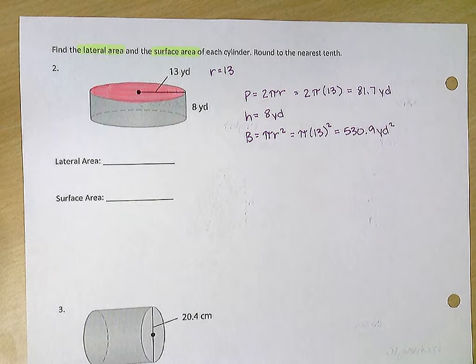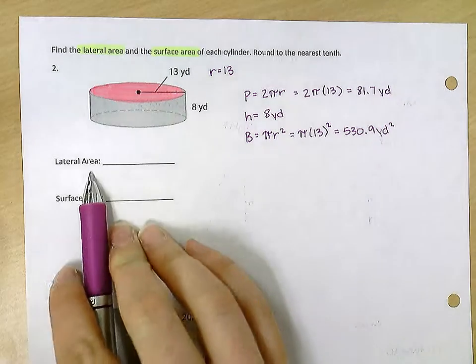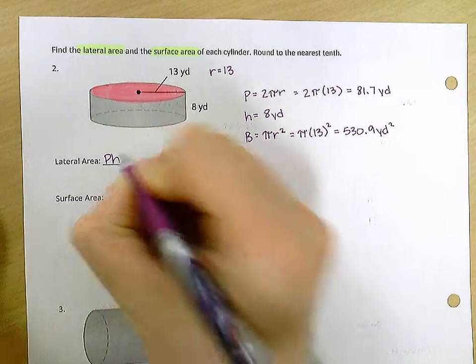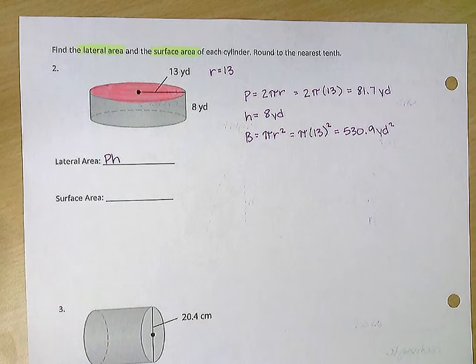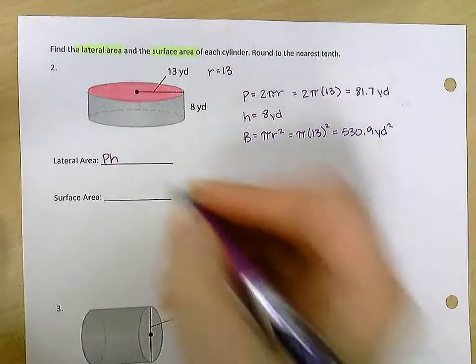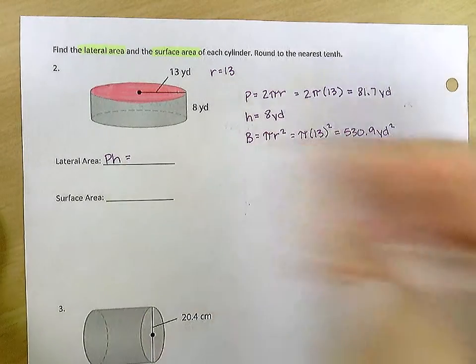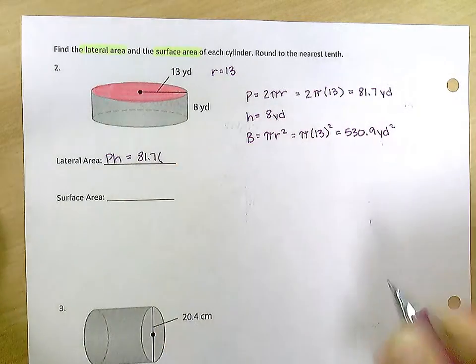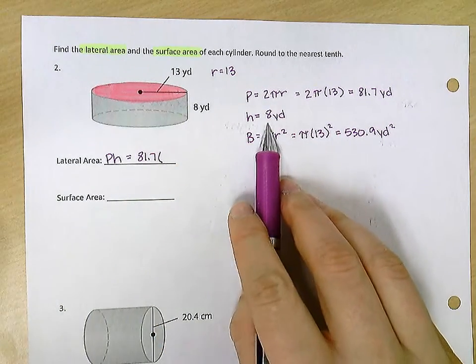So now that I have P, H, and B, first I'm going to find the lateral area. Lateral area is just P times H. So I'm going to take that perimeter that I found, which is 81.7, and multiply that by the height, which is 8.